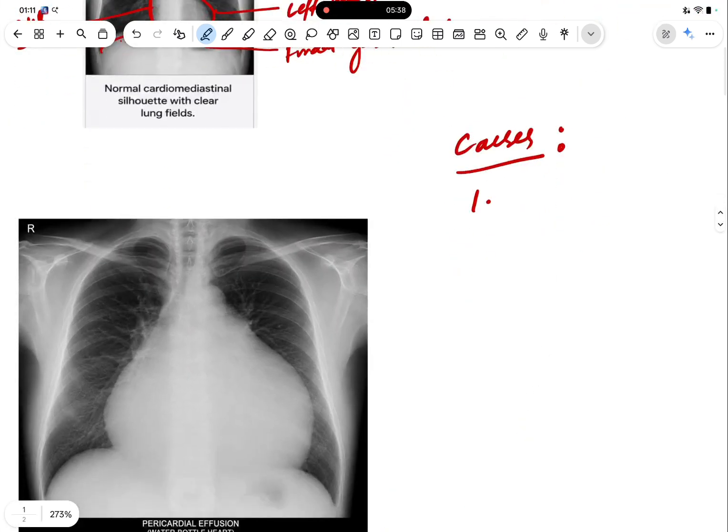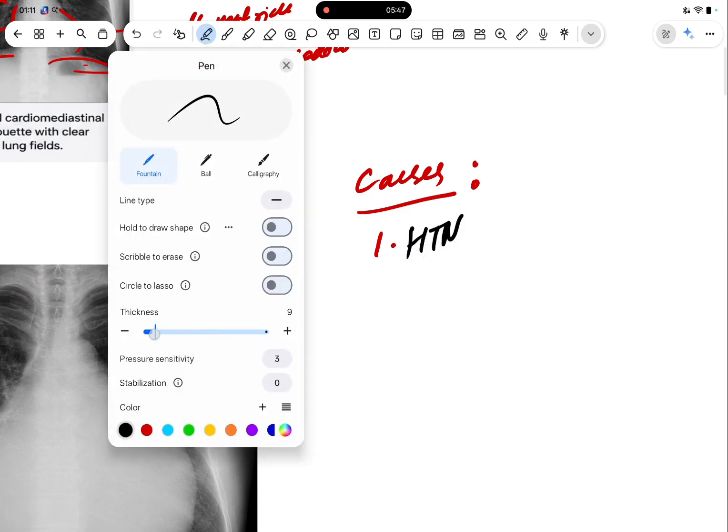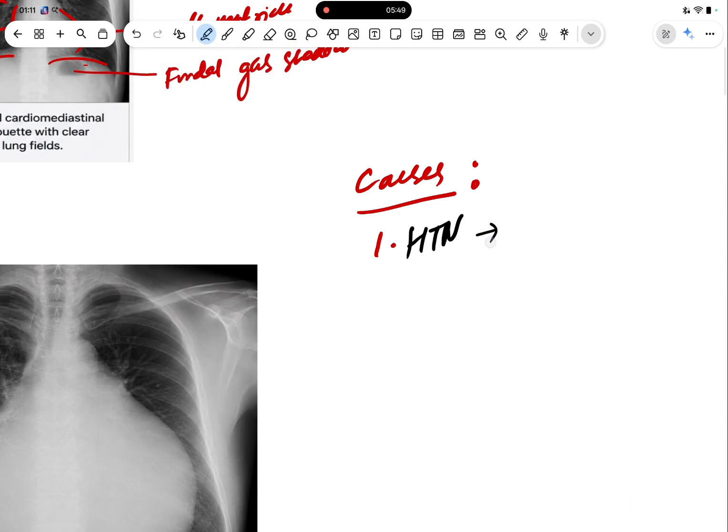So what are the causes of cardiomegaly? The important causes are hypertension, which can lead to left ventricular hypertrophy. Second can be pericardial effusion. Then cardiac tamponade.